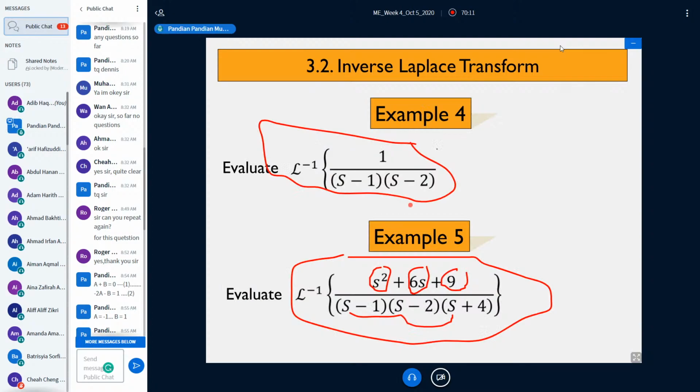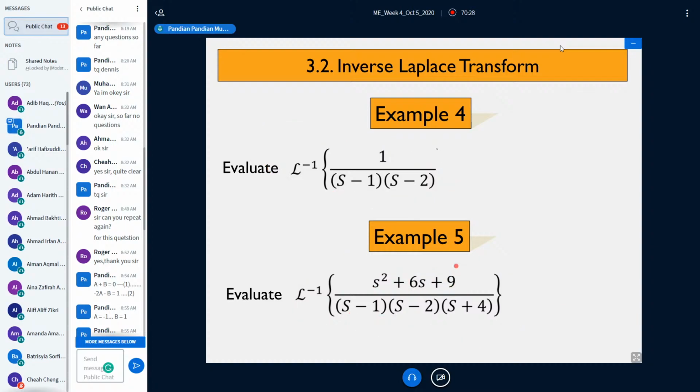So I think these two examples, many more examples you can see in the ULearn later on. More exercises. You got to practice this, because there is no direct formula to handle this. You cannot do it in one shot. This one got 3 pieces: 1, 2, 3. Sometimes 4, sometimes 5.